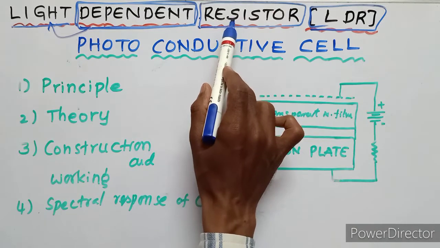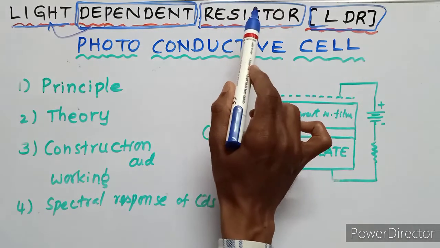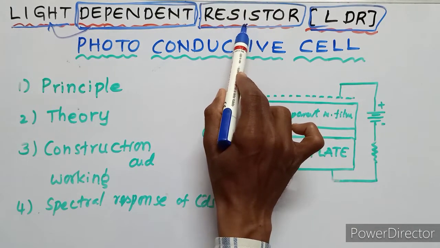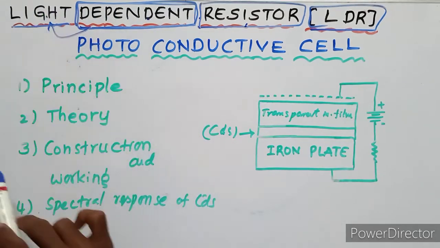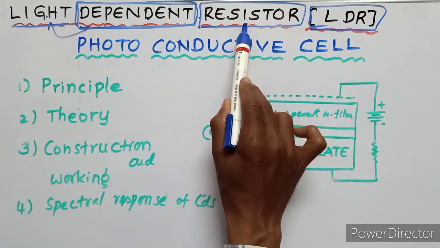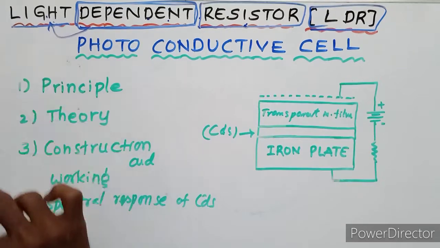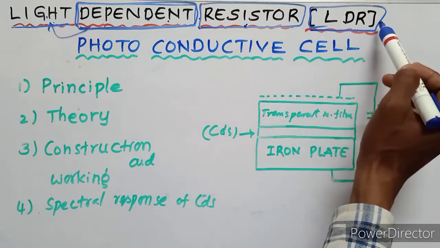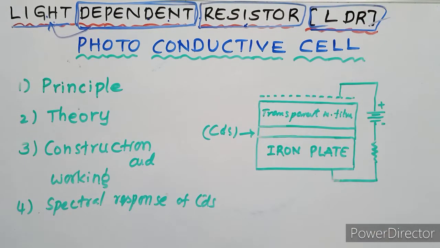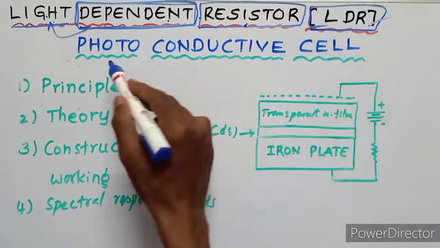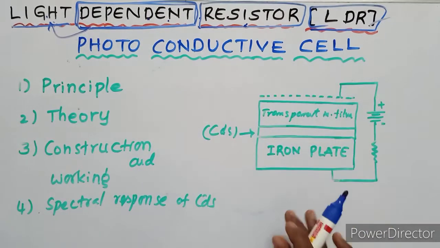The resistor works dependent upon light. That is the light dependent resistor, that is the LDR. It is also named the photoconductive cell.